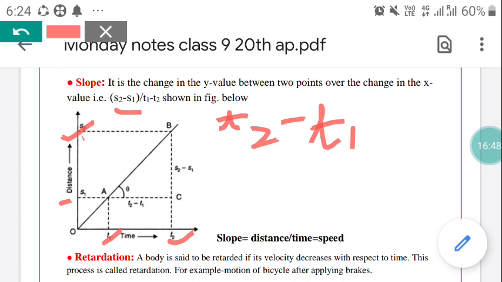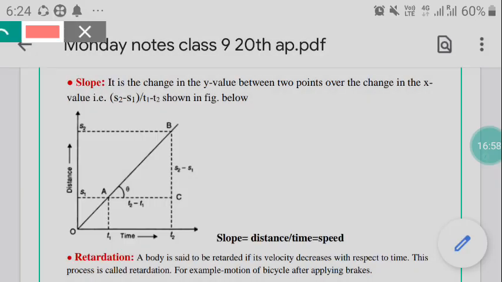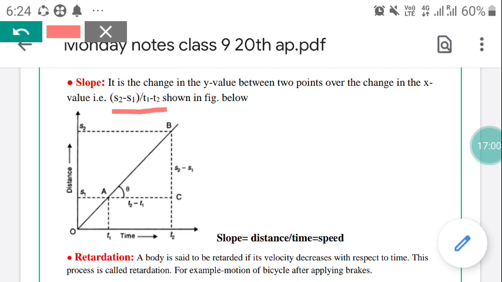Why do we use the concept of slope? Because you can see, you just made a graph here and you calculate this value, you will get speed.